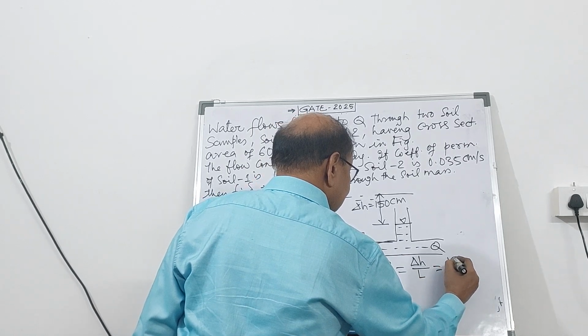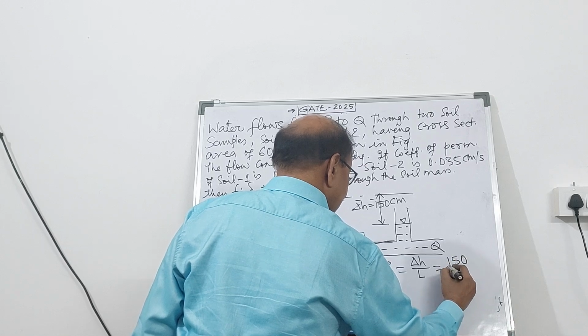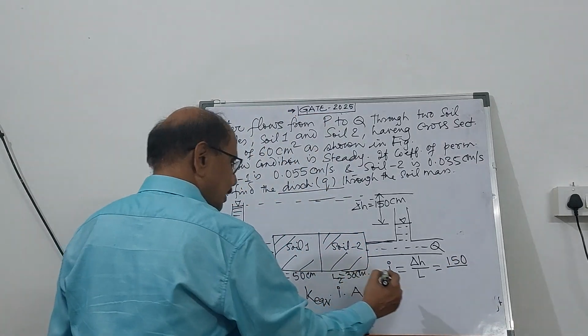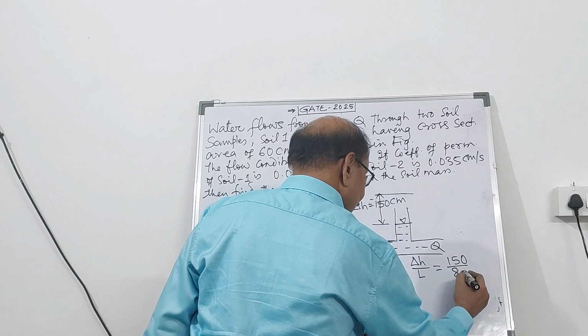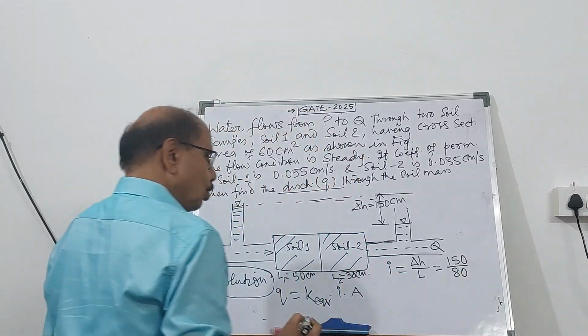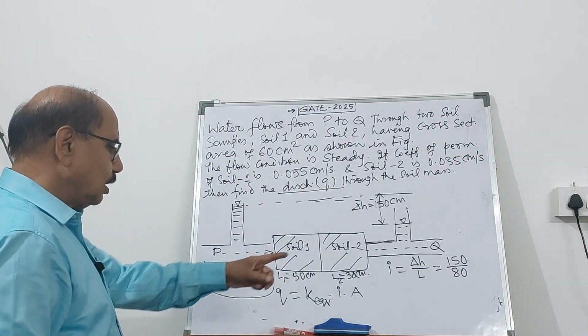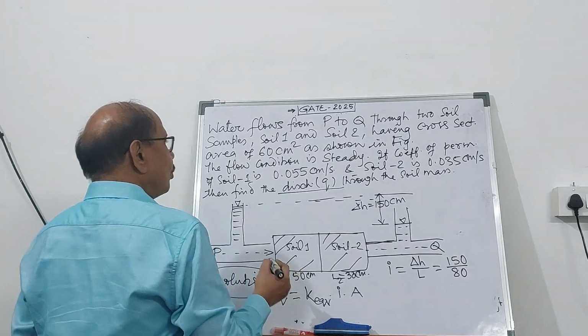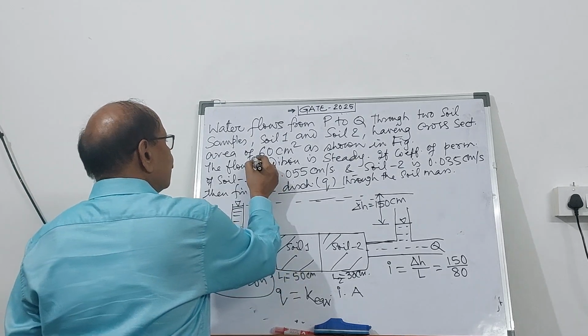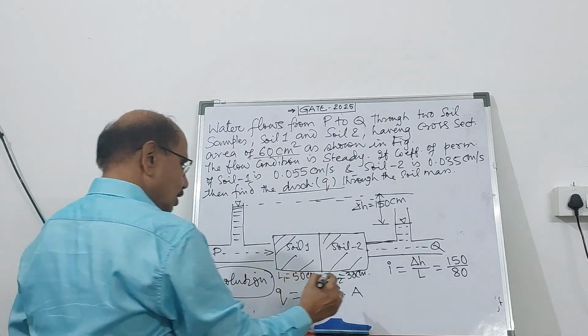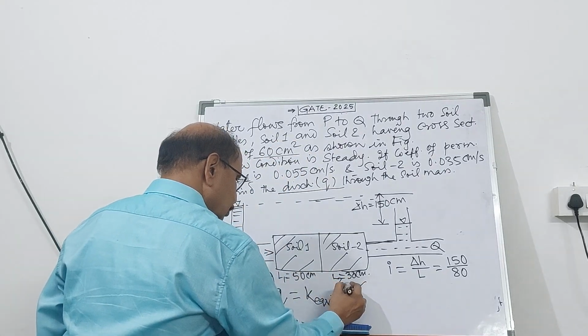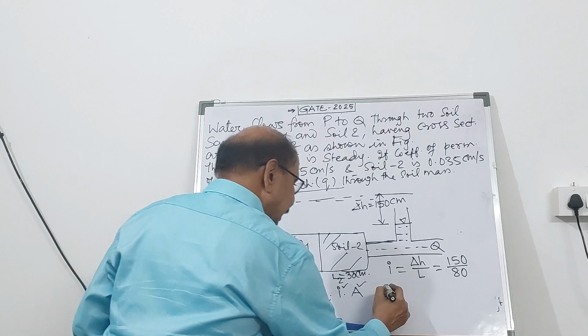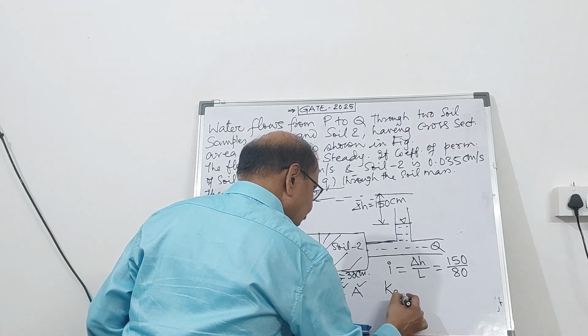Delta H is already 150 centimeter and length is going to be 50 plus 30, that is 80. So i is known to us, cross-sectional area is already given as 60 cm square. Now K equivalent we need to calculate.